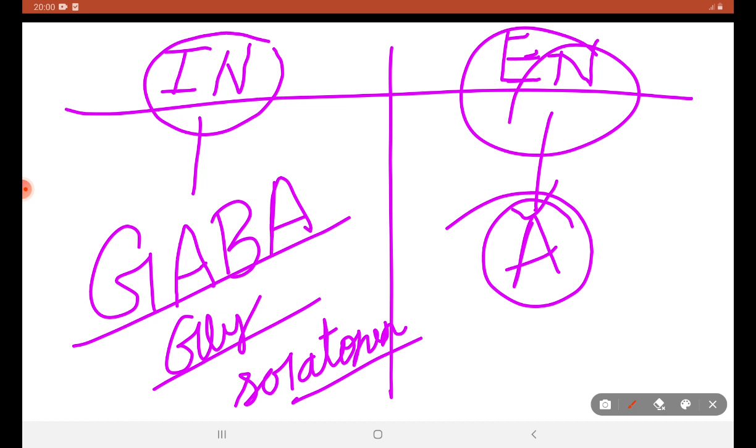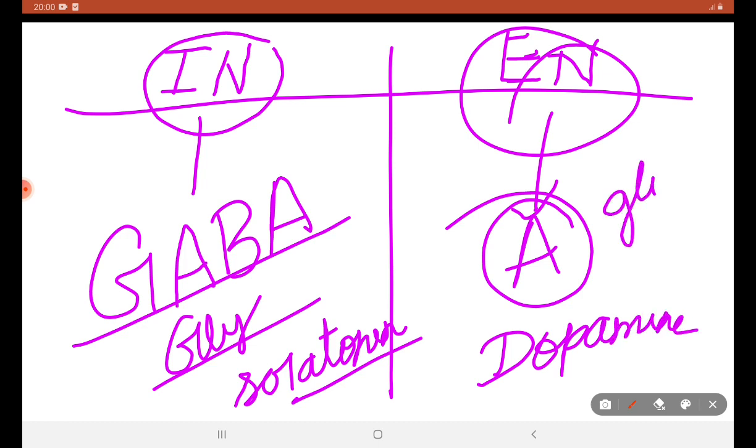We have both: muscarinic is inhibitory and nicotinic is excitatory. Dopamine is an excitatory neurotransmitter, glutamic acid is an excitatory neurotransmitter.